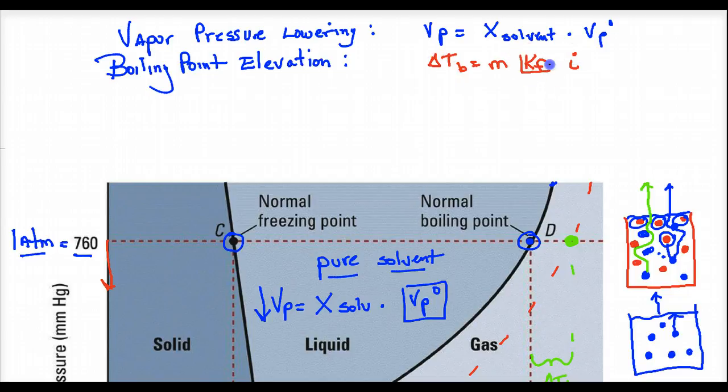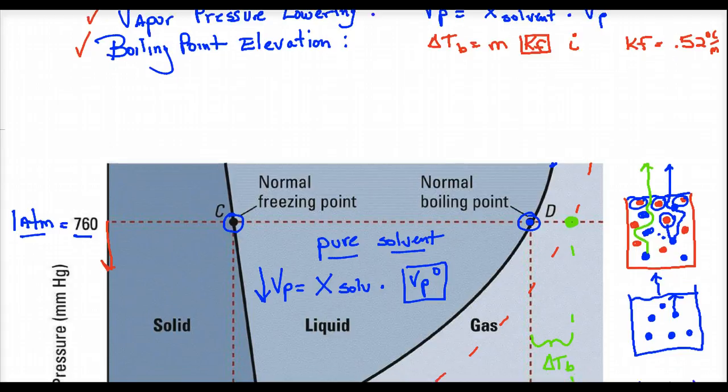Now for water, K of B, because you don't always have water in solutions, is 0.52 degrees Celsius per molal. Which means for every 1 molal solution, the boiling point of the solution increases 0.52. So we've already dealt with this one, and now we have the boiling point elevation.